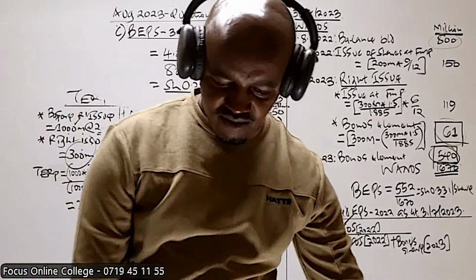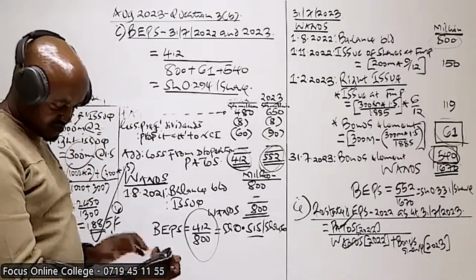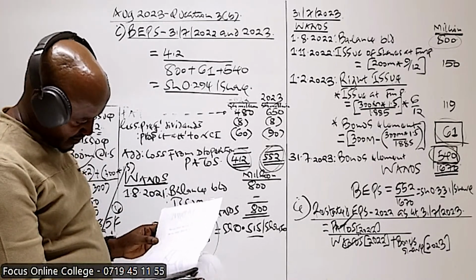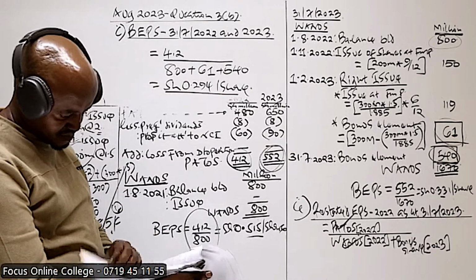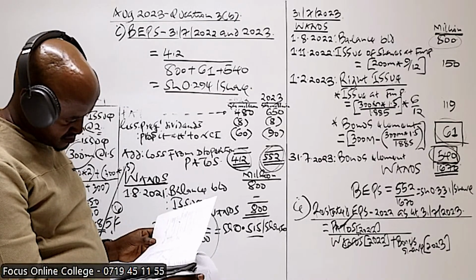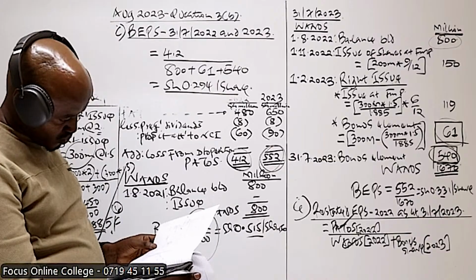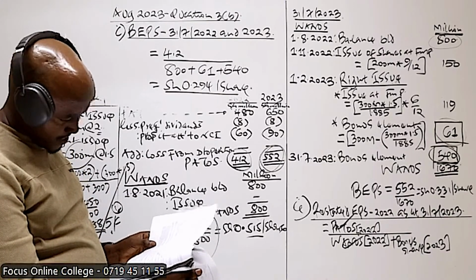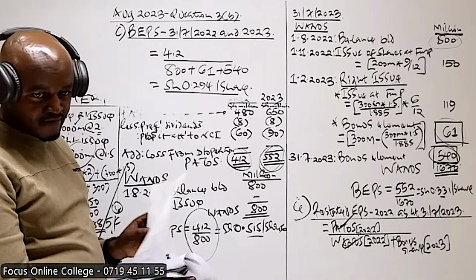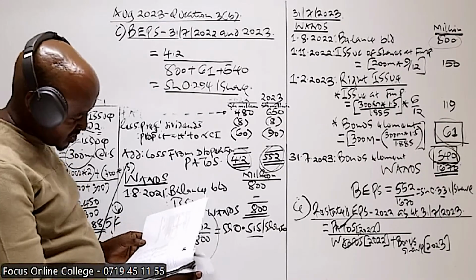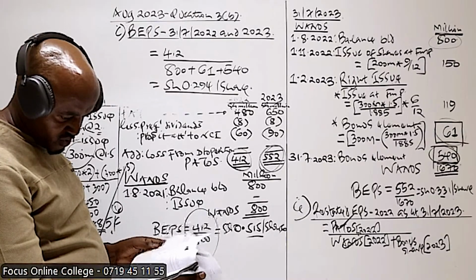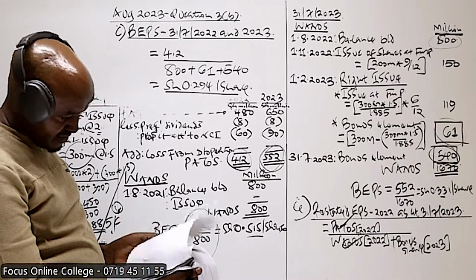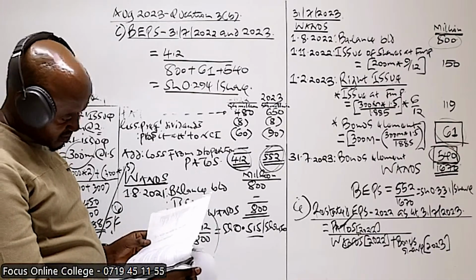So can you confirm whether that is the value you're getting? Is that the value you're getting here? Yes, 0.294. So basically that is what was required there.